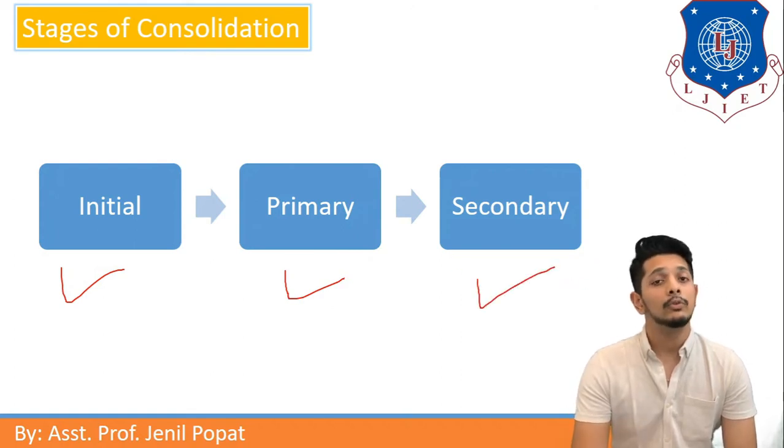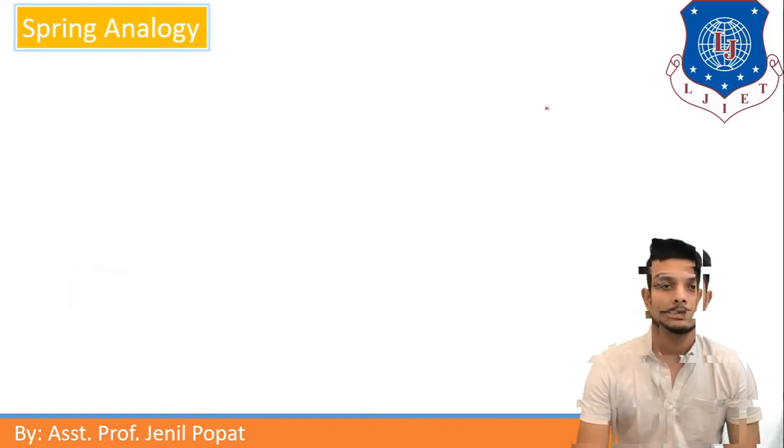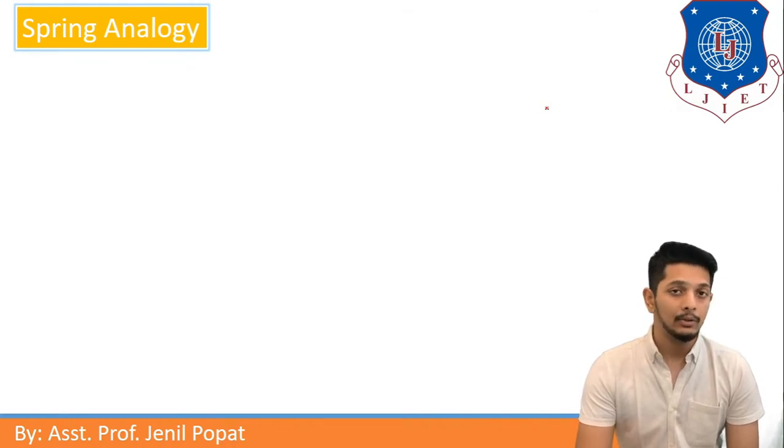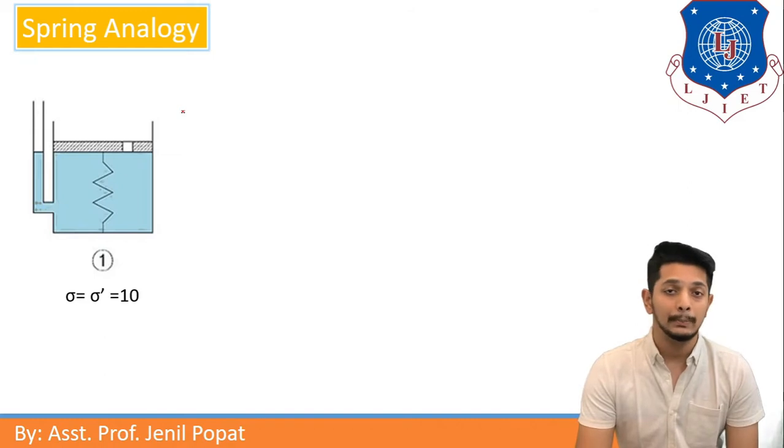Let us move forward. Spring analogy. The process of primary consolidation can be understood by spring analogy. Let us see that. In this figure, we can see a piston and a spring hanging in a cylinder full of water. It basically represents a soil water system.